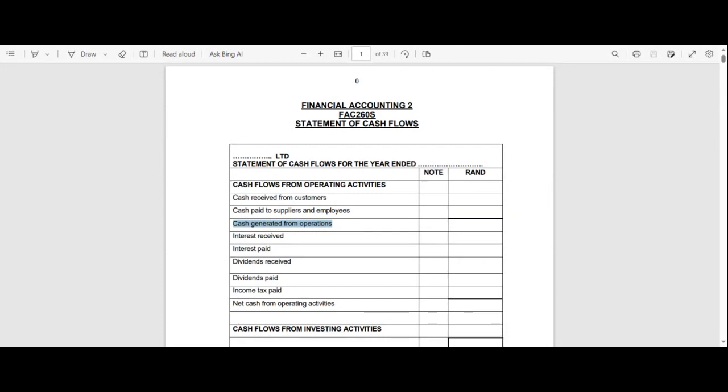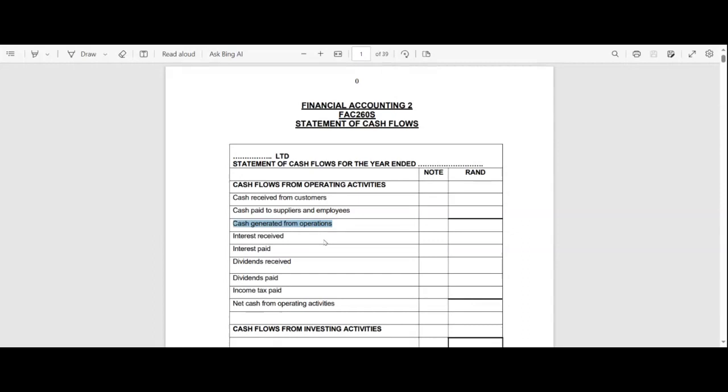So, like I say, you've got to be quite attentive here. So that is called cash generated from operations with an S, not cash generated from operating activities. We'll come back to what that means a little bit later. But I just need to point that out at this stage. That is cash generated from operations.